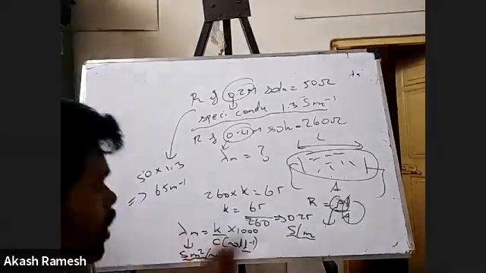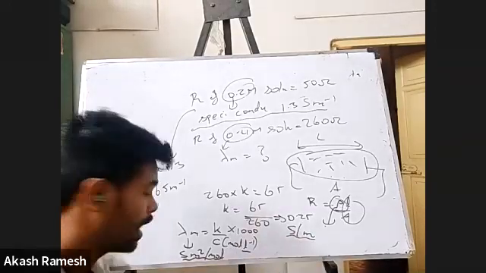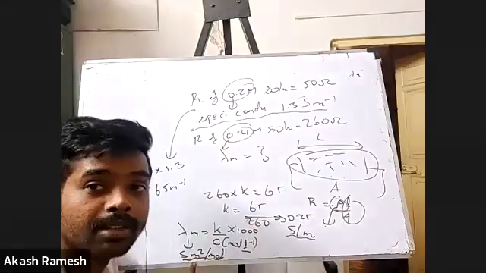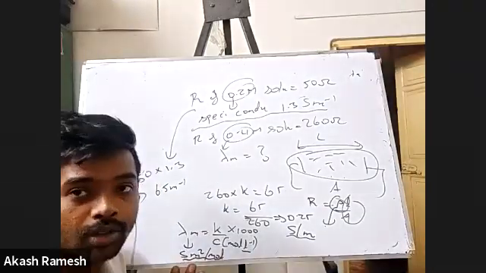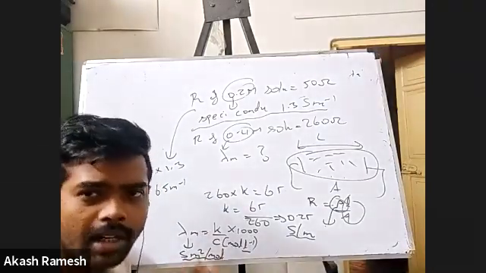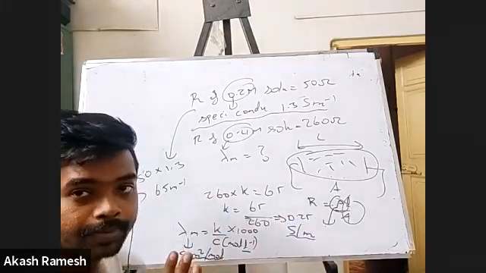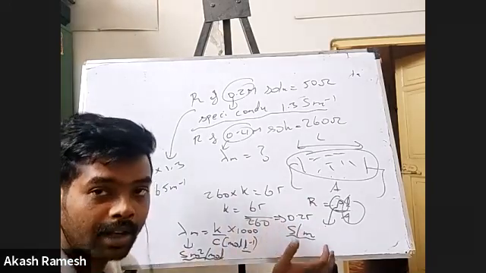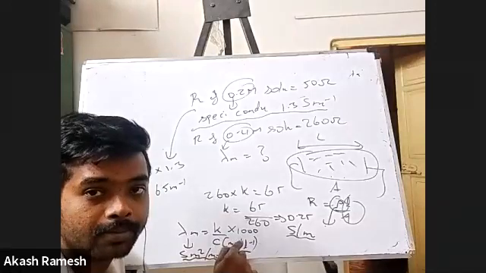Same thing if it is given in terms of Siemens per centimeter, and asked in terms of Siemens centimeter squared per mole, again you multiply by 1000. They will not generally give meters and ask in centimeters, that they'll never do.